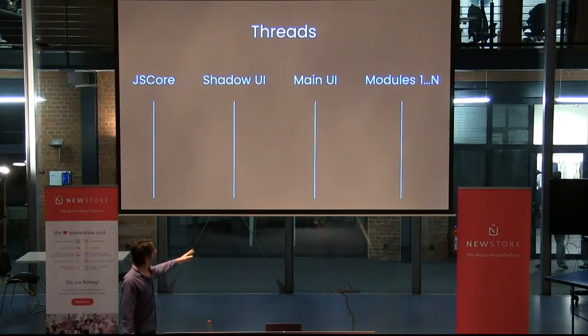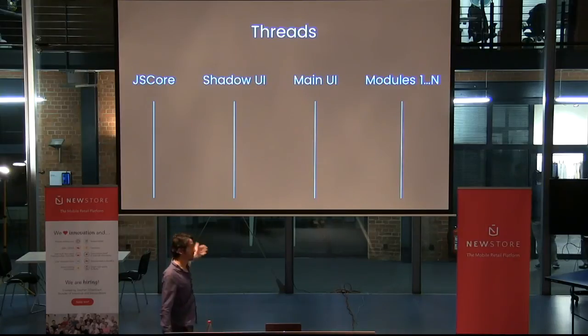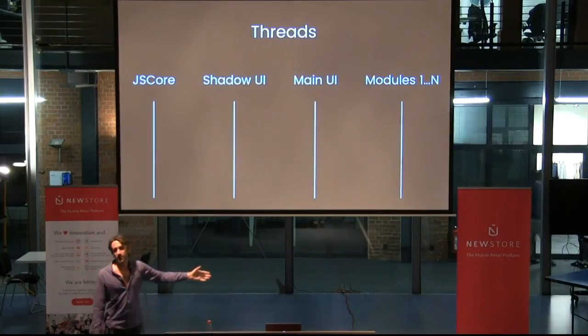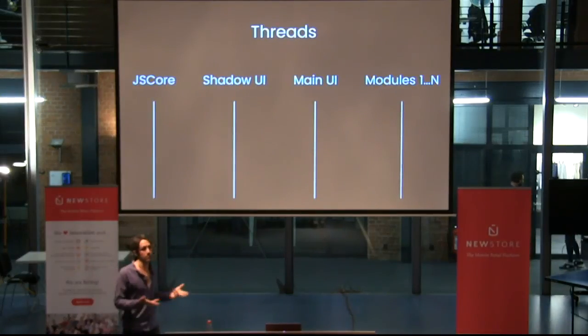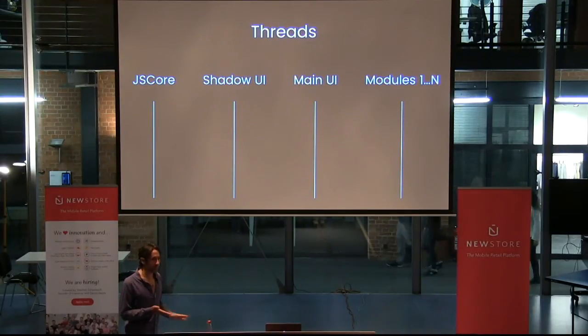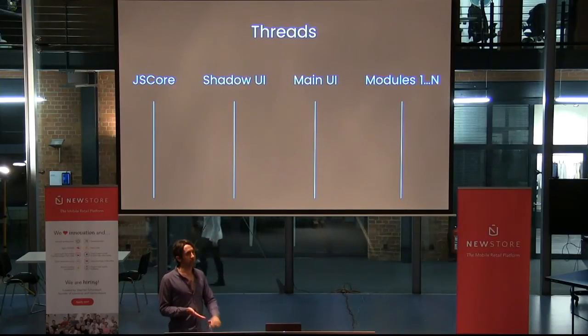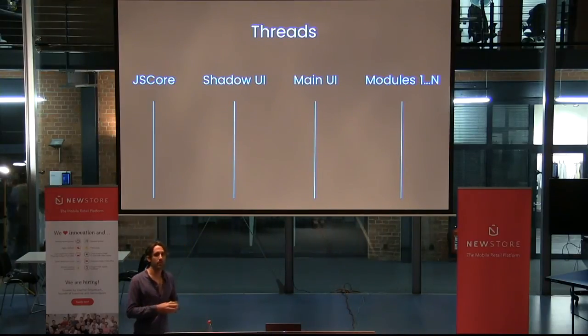And this multi-threading gives us the ability to do work on our JavaScript thread without interrupting things that are happening on the UI thread. And this is crucial for making sure our applications feel performant and not janky and not getting stuck when you're scrolling up and down, like what happens on a lot of mobile web applications.